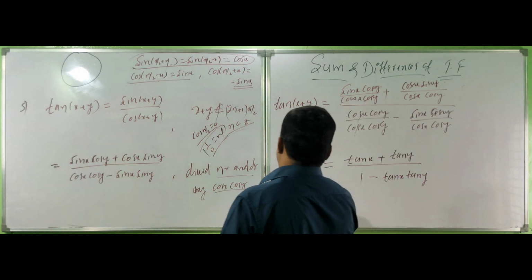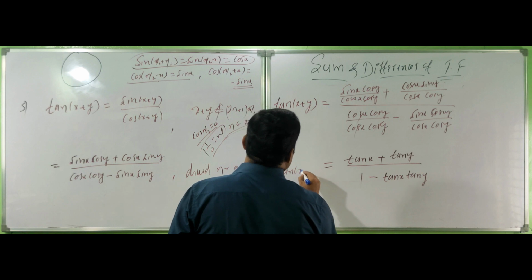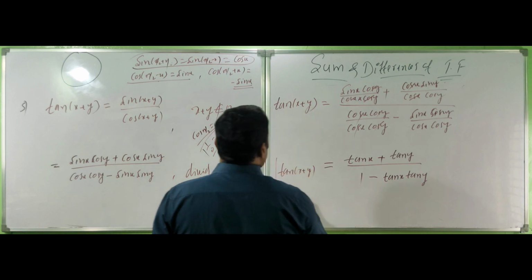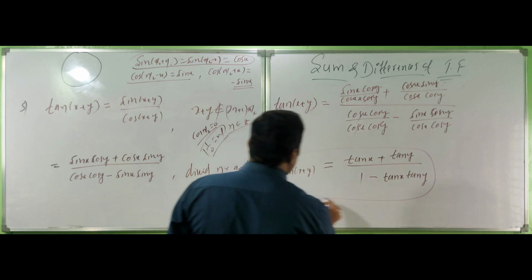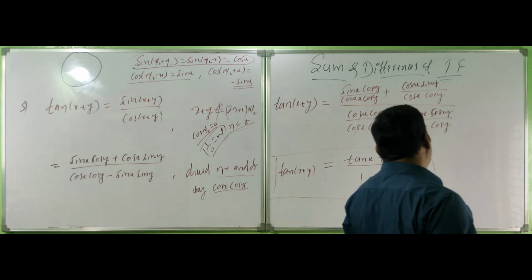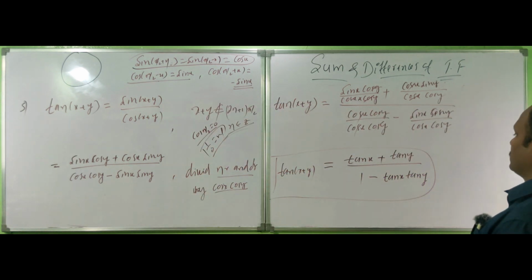Therefore, tan of x plus y gives tan x plus tan y divided by 1 minus tan x tan y.